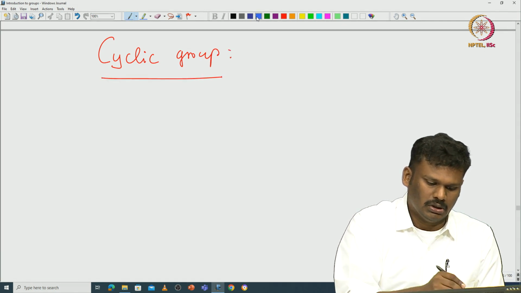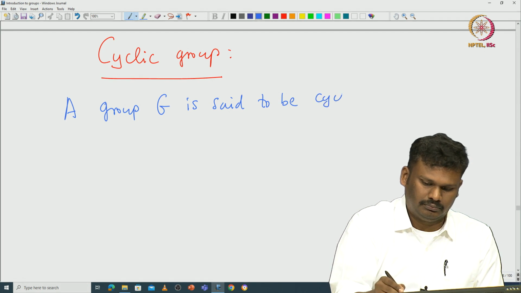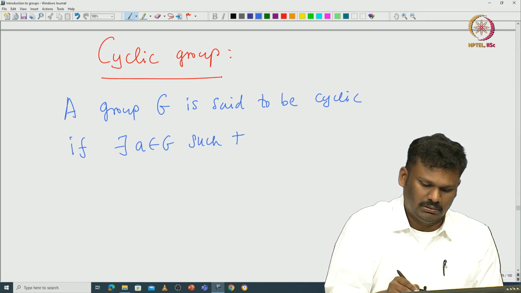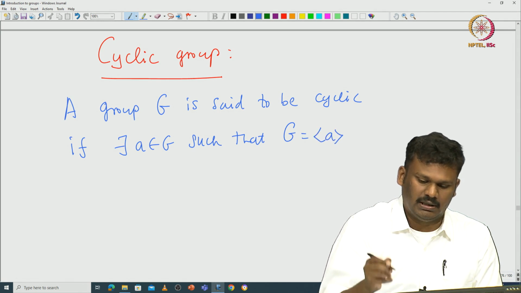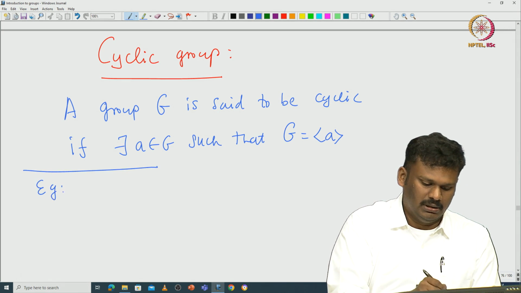A group G is said to be cyclic if there exists a in G such that G is generated by a. Here are some examples.